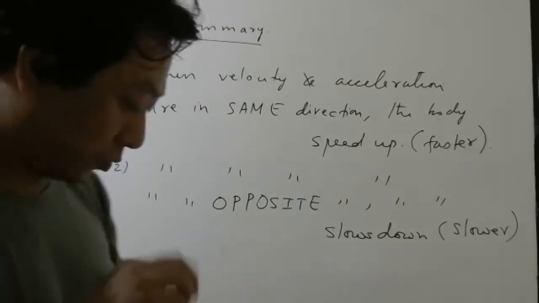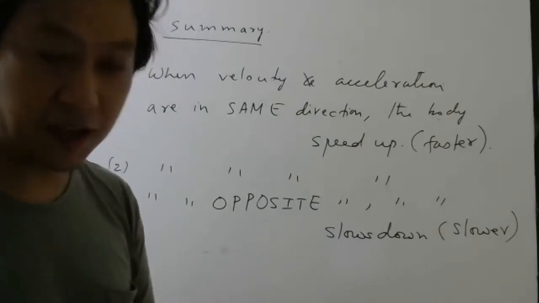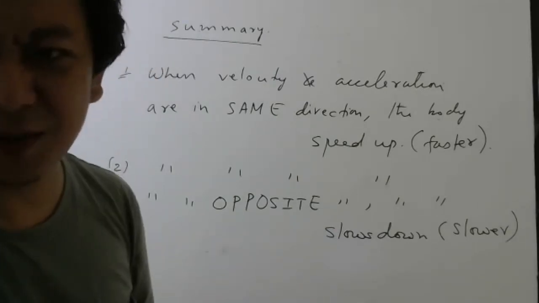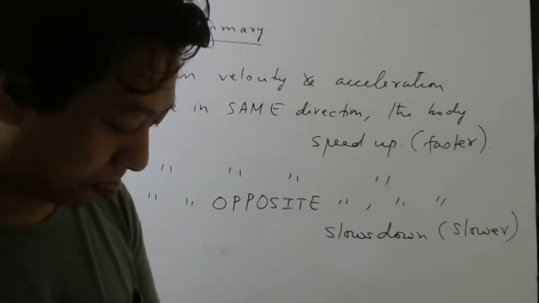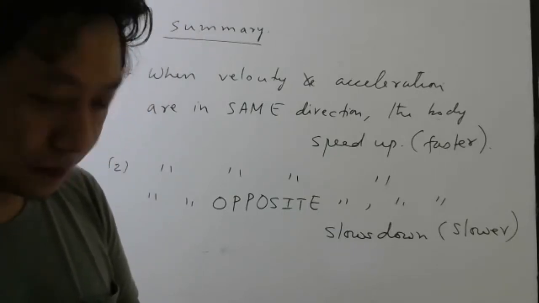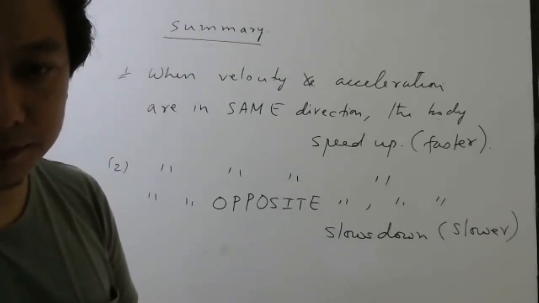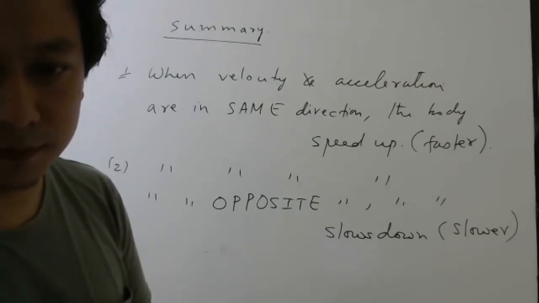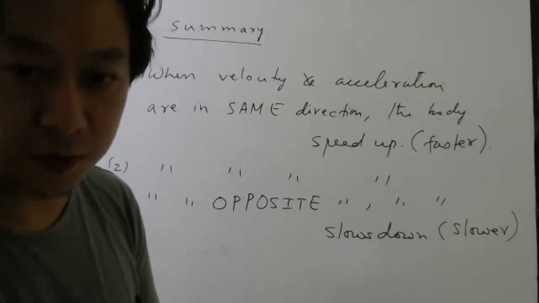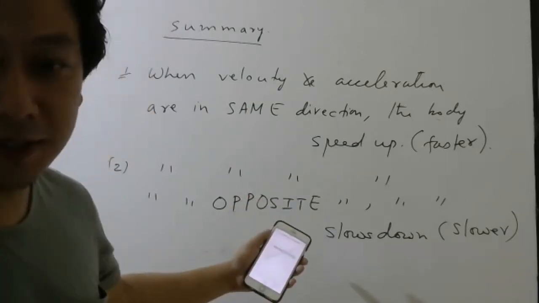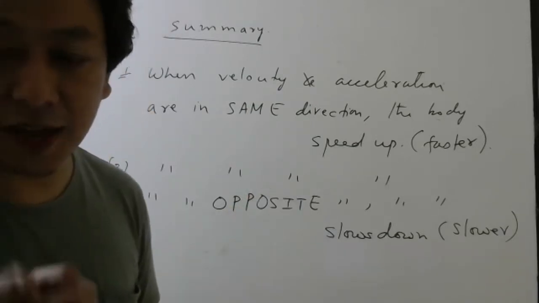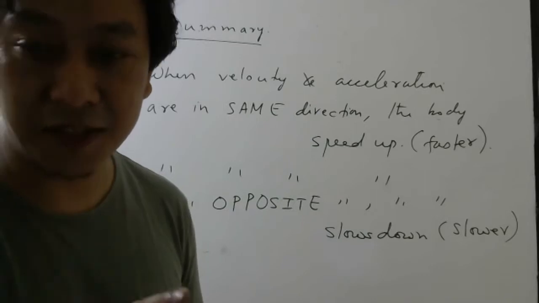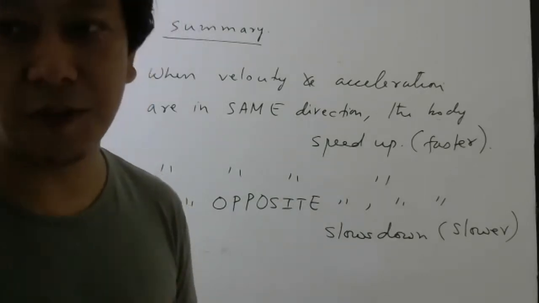So let us now solve learning exercise 3.6. Now it will be easy to explain all this. Yes, very good, Channa. The second case is retardation. Retardation doesn't mean acceleration is negative. Retardation means acceleration is opposite to velocity.